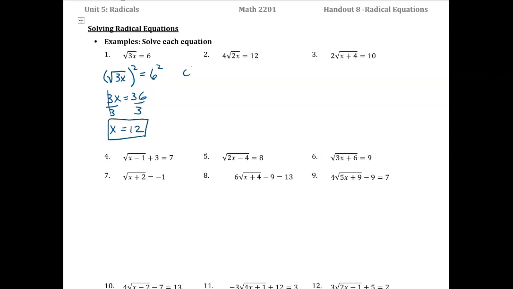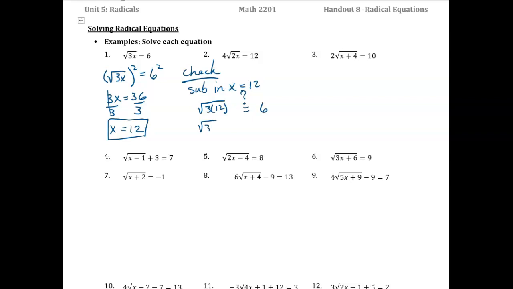And if you want to check your answer, see if you're right, insert it back in. So you could substitute in x equals 12. Let's just see. If you had square root of 3 times x, or 3 times 12, does it equal 6?